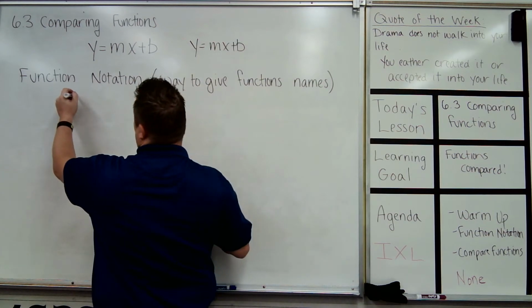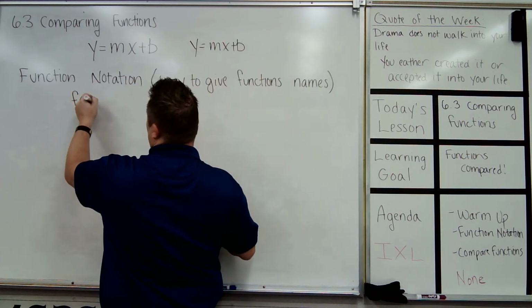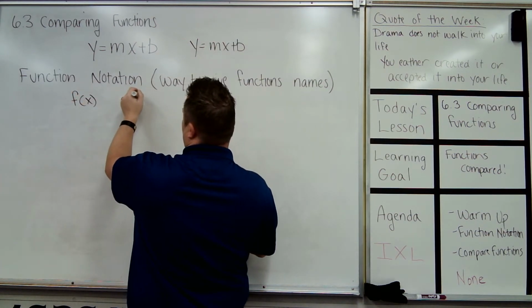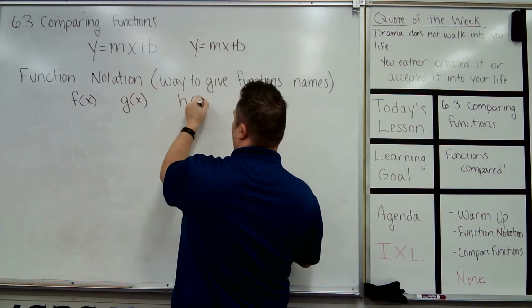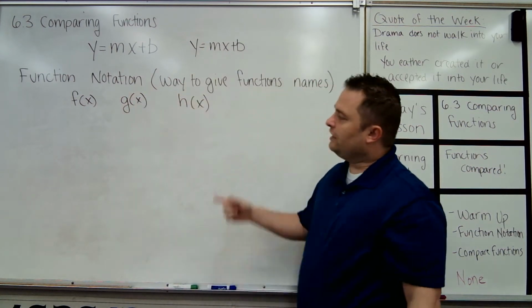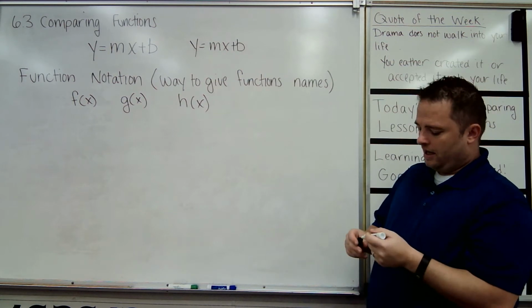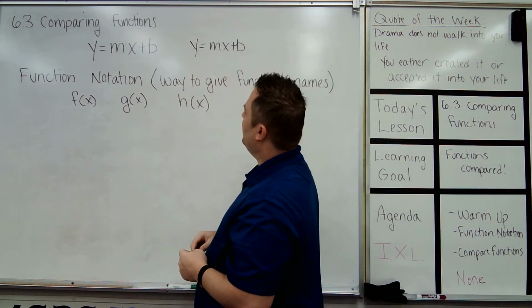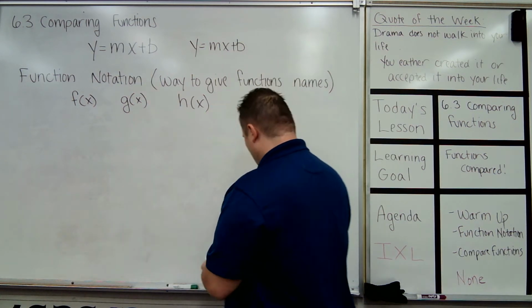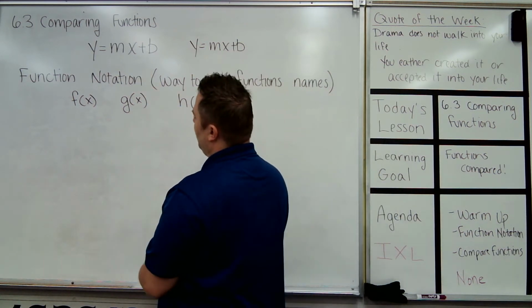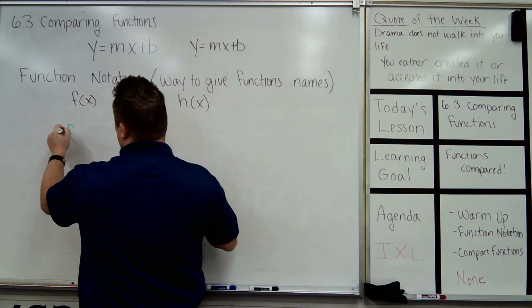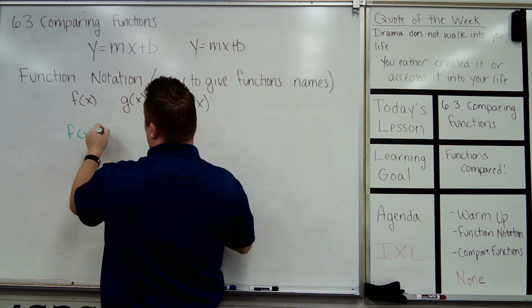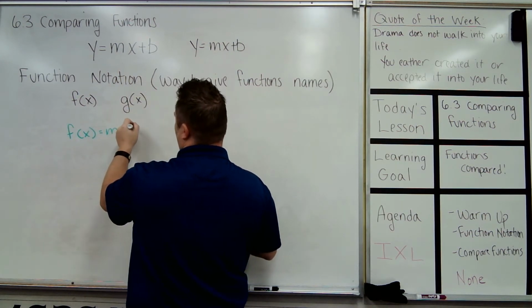They choose something like f of x, g of x, and h of x. So these are going to be the names of the functions. And what they're going to do is they're going to replace the y in each of these equations. So an example for this first equation might look like f of x equals mx plus b.